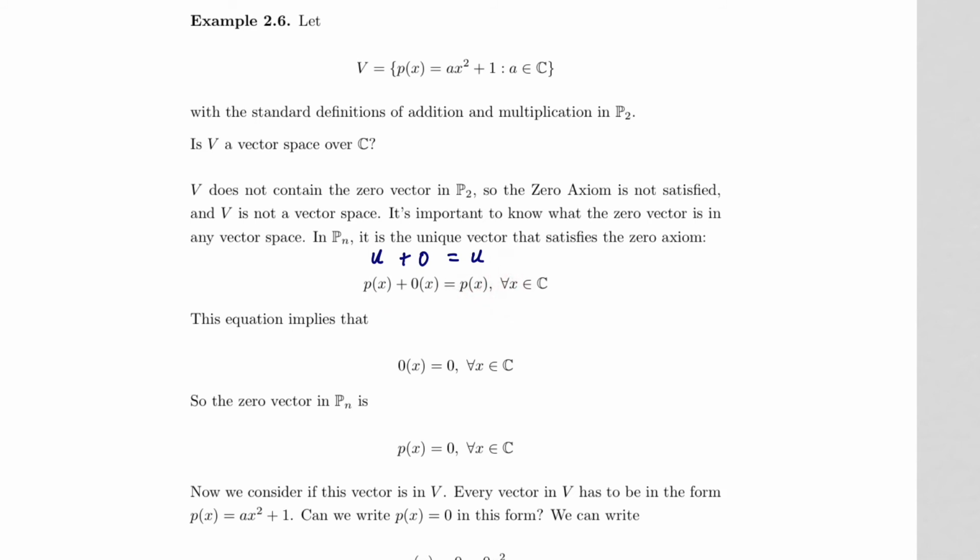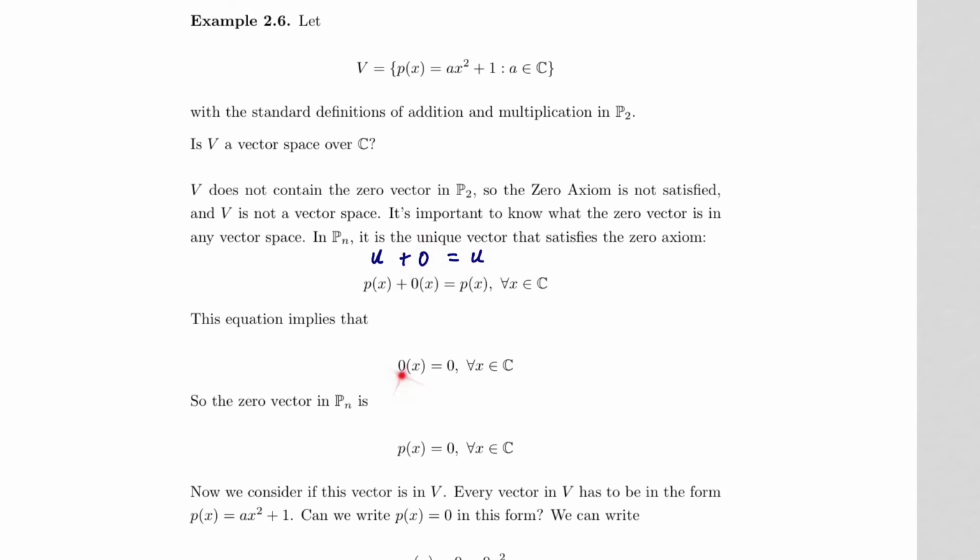Okay, so if we think about this equation then, and remember that these are numbers, we can use the algebra of real numbers and just think of this as an equation involving numbers. u plus 0 equals u. So what is this thing? Well, it's the number 0.